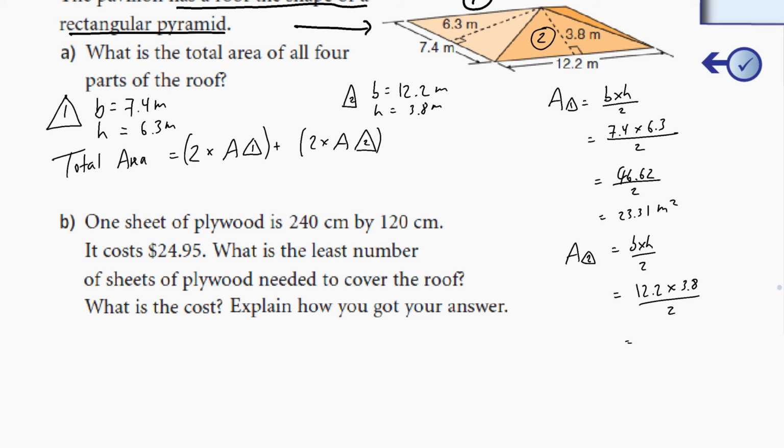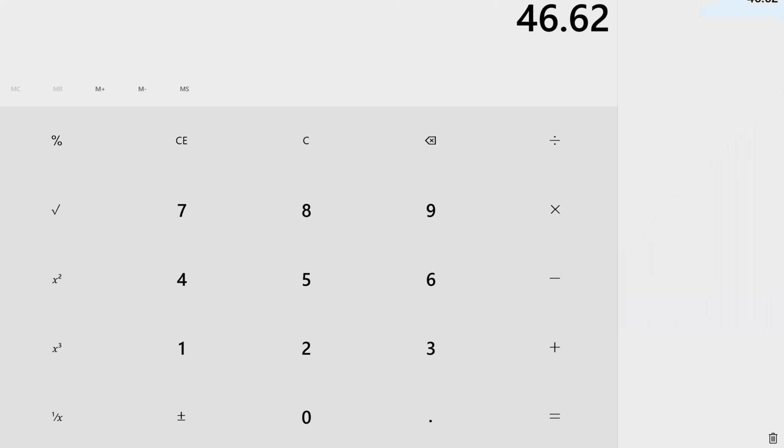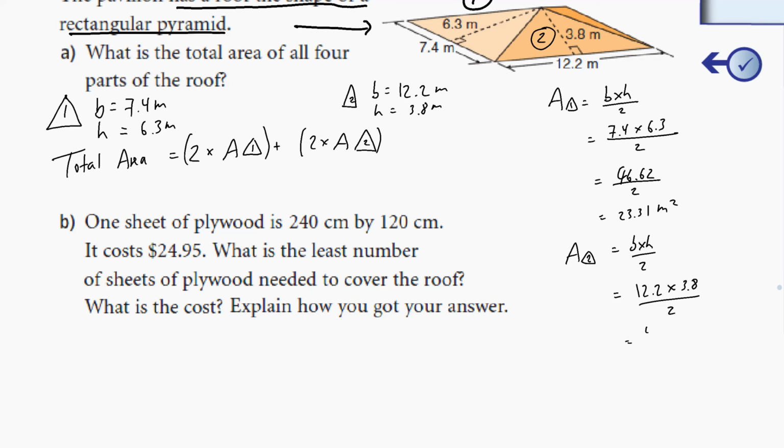So 12.2 times 3.8 equals 46.36, divided by 2, which is 23.18. So our total area will be 2 times 23.31 plus 2 times 23.18.